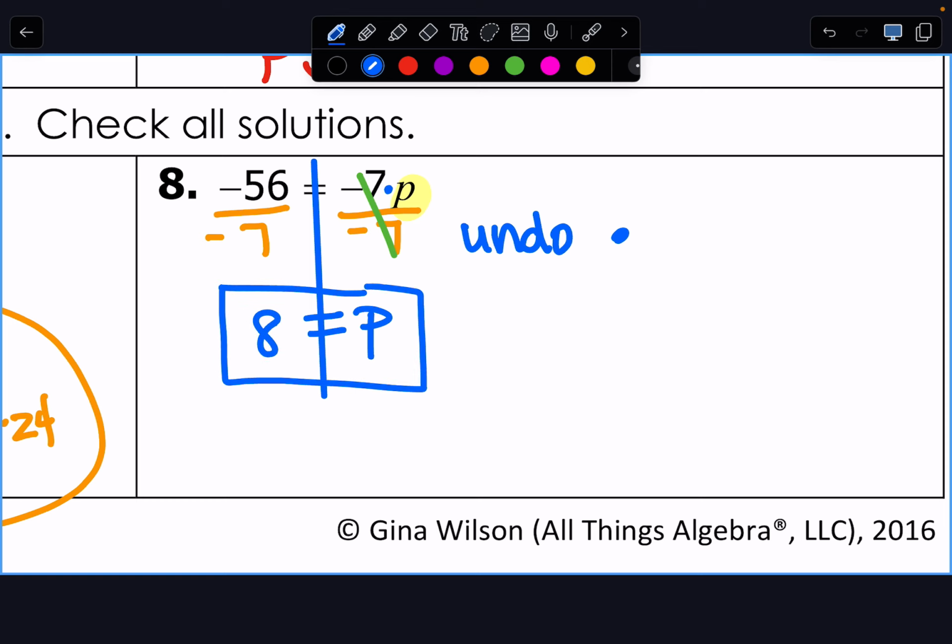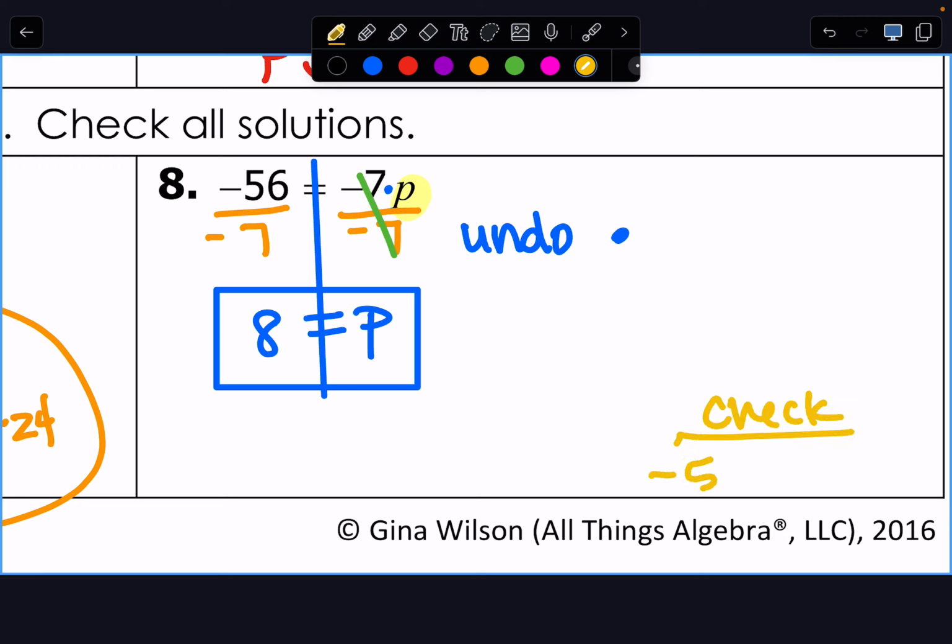What? Well, over here, since it's -7 divided by -7, that's a +1. So we have +1P. Now, if you're worried about it, let's check. Our equation is -56 equals -7 times P. Is -7 times 8 equal to -56? Yeah. Oh, then we're good. Okay?